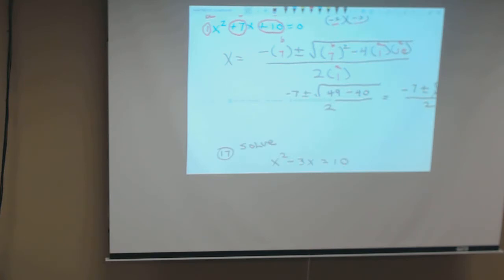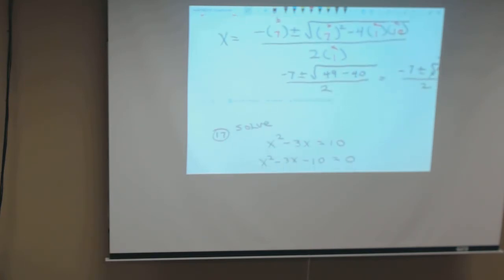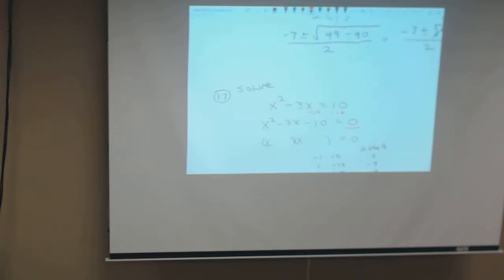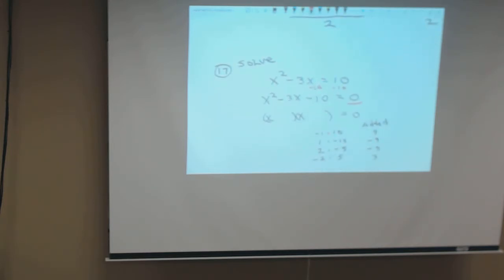Number 17. Solve by factoring again. And the first thing you have to do is always make it equal to 0. So I had to subtract 10 from both sides. And so then I say, what two numbers multiplied give me -10? -1 and 10, 1 and -10, 2 and -5, -2 and 5.